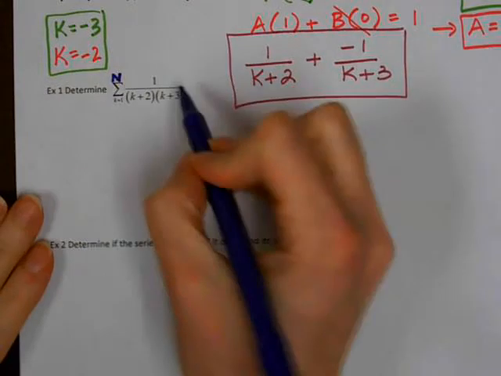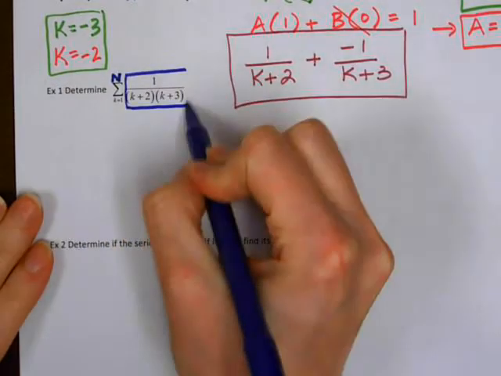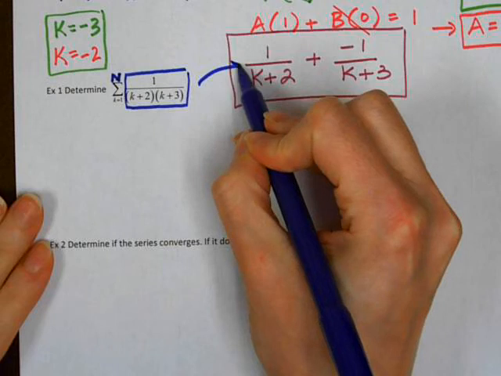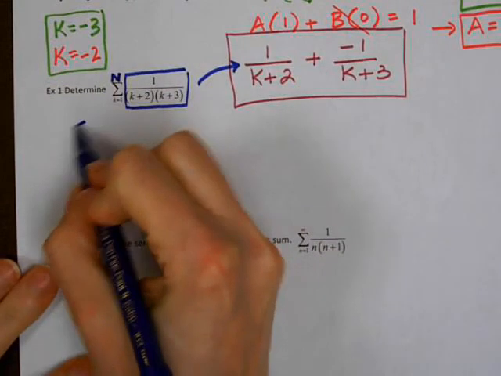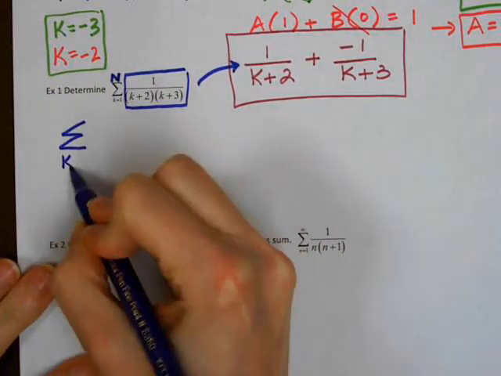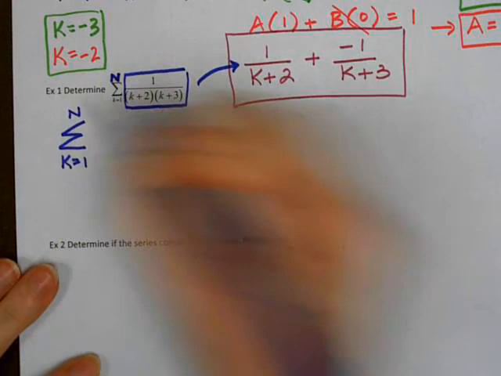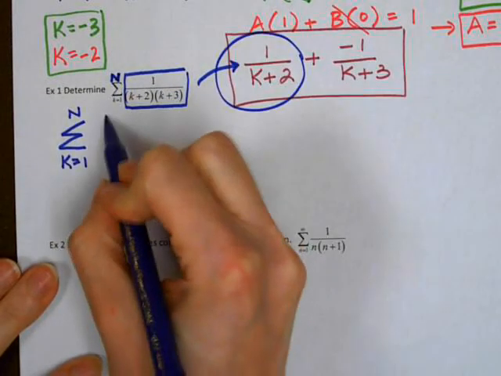And then, instead of writing it like this, we're going to write it as the individual partial fractions. All right, so here's what we're doing. We're going to find the sum from k equals 1 to n, first of this one, 1 over k plus 2.